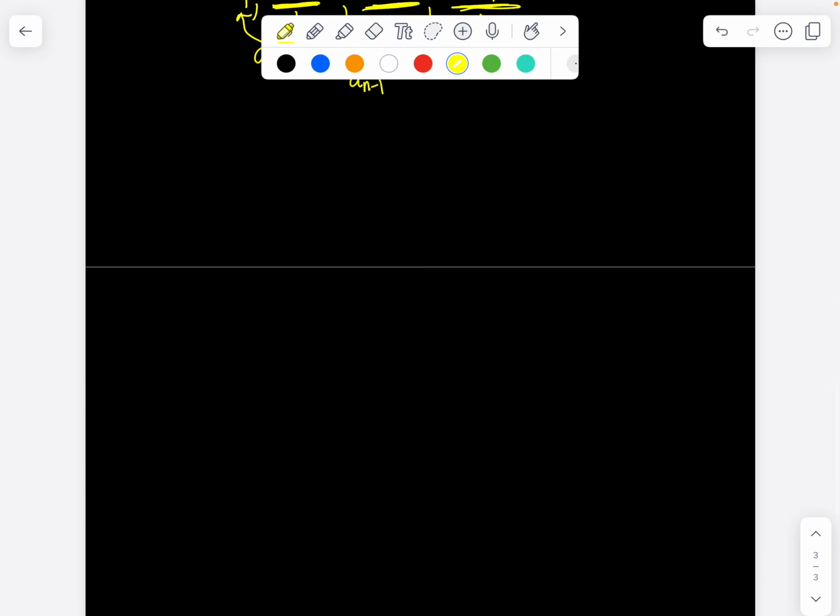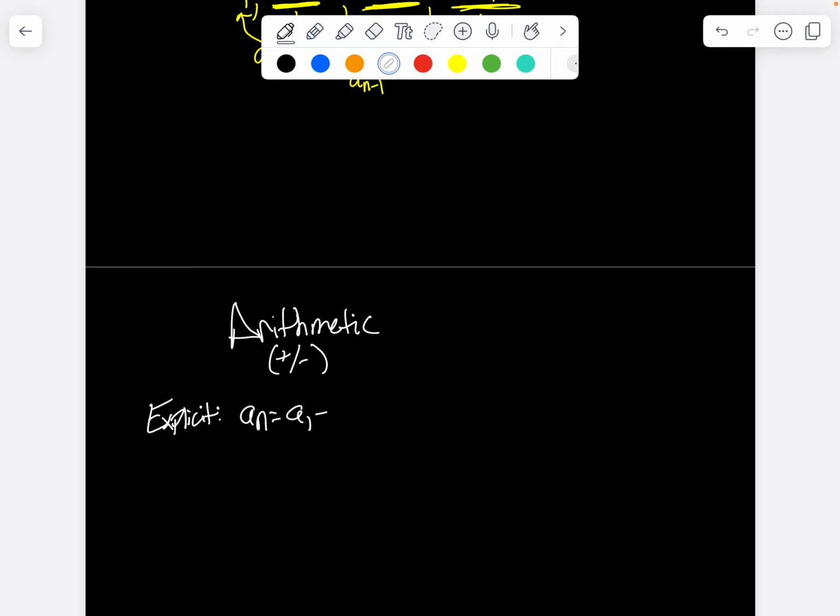So under an arithmetic sequence, which means adding or subtracting, we have an explicit rule, and this is a sub n equals a sub 1 plus n minus 1 times d. We also have now what's called a recursive rule.